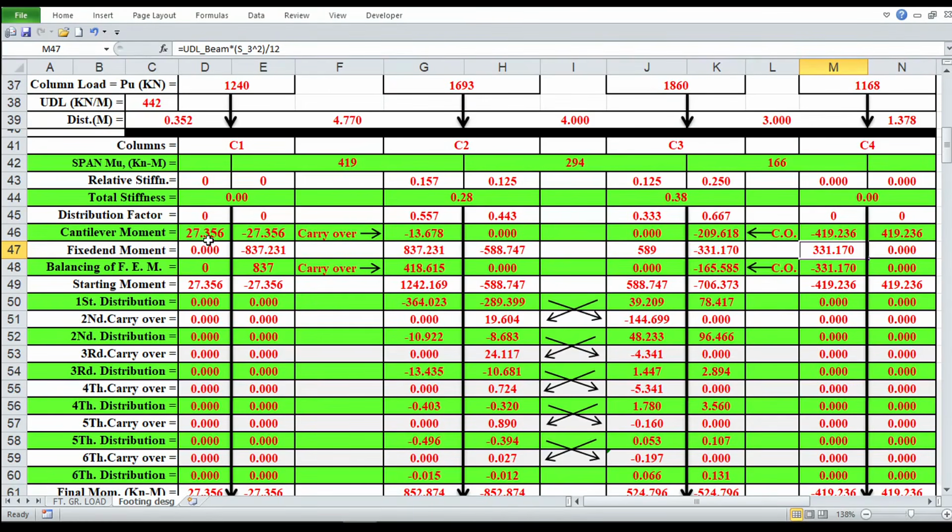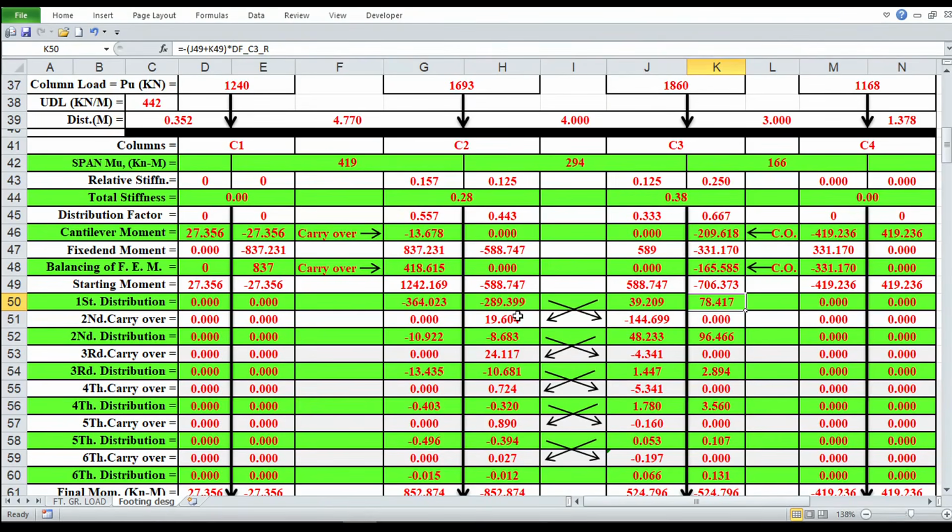So the starting moment is the algebraic sum of all these moments. Now the first distribution: this load minus this load plus this load into DFC2. This is DFC2L, DFC2R. I will write. Similarly for this and this. Now half of this moment will carry over to this point, half of this moment will carry over to this point.